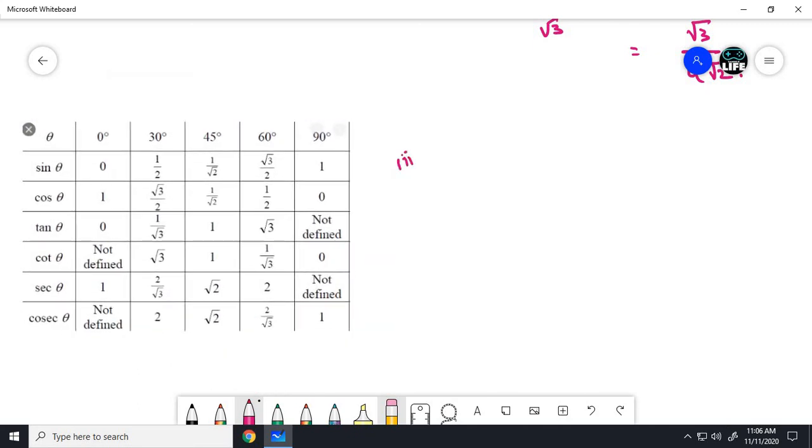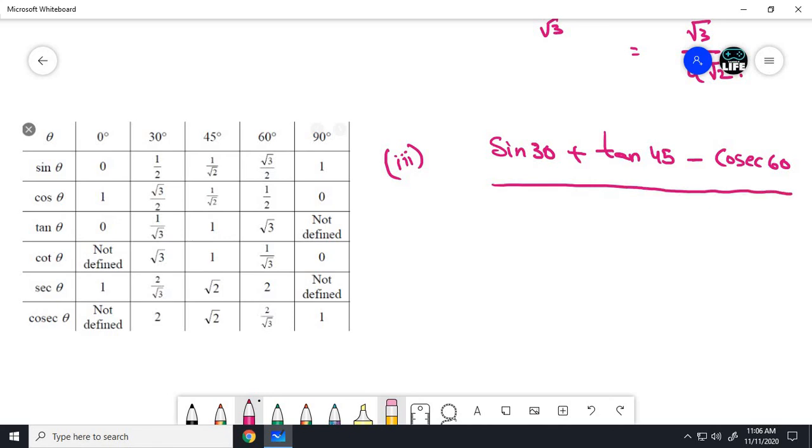Third sum. Sin 30 degrees plus tan 45 degrees minus cosecant 60 degrees by cot 45 degrees plus cos 60 degrees minus secant 30 degrees.